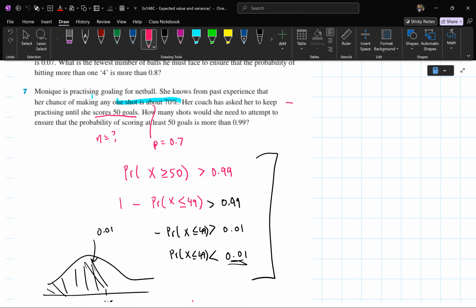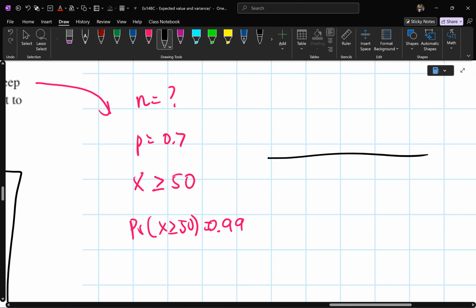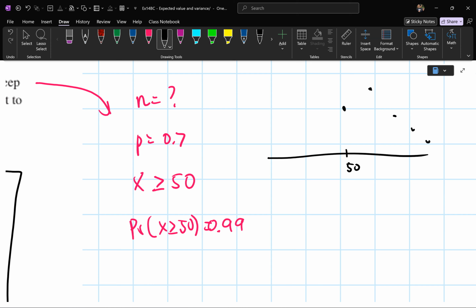Since you don't know what n is, you do know what p is, 0.7. You do know that you want x to be greater than or equal to 50, and you know that the total probability, you want 0.99 and above. So all you have to do is literally what we just described. From 50 onwards, whatever the data is, I just need this probability to be more than 99%.